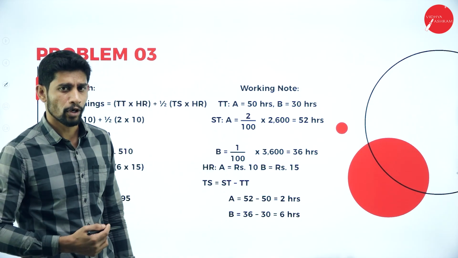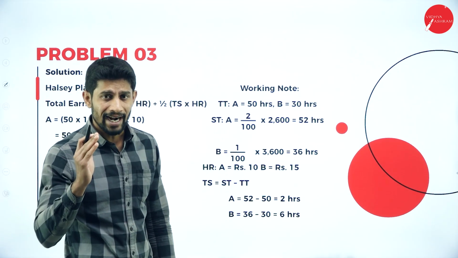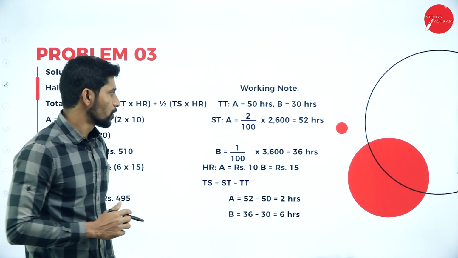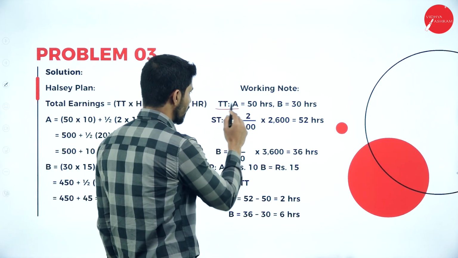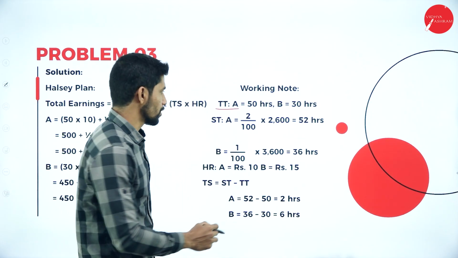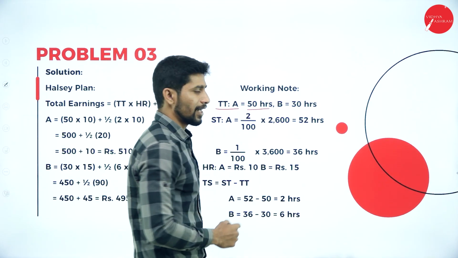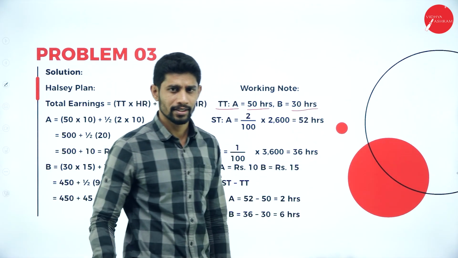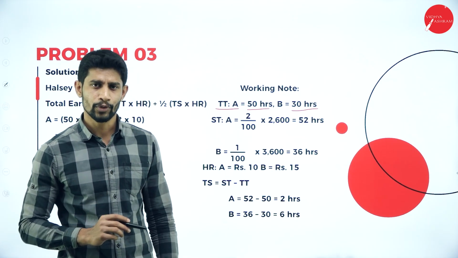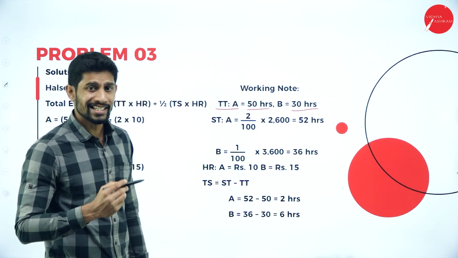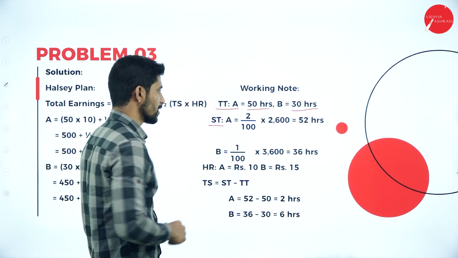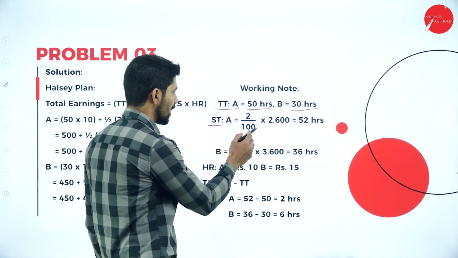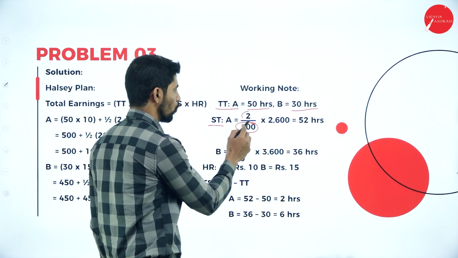Before solving the problem, first we have to find out the standard time taken by worker A and worker B. Here you can see time taken by Mr. A is how much? It is 50 hours, and time taken by Mr. B is 30 hours. It is clear because it is given in the problem, right? Next, standard time. To produce 100 units, they are given 2 hours.